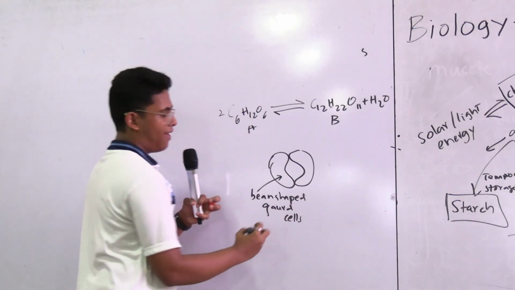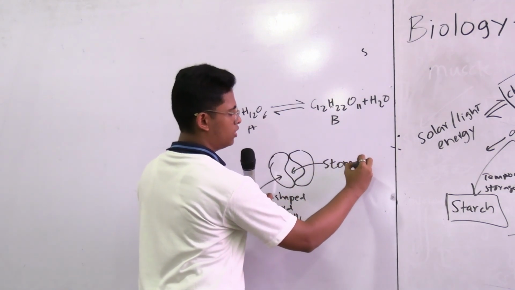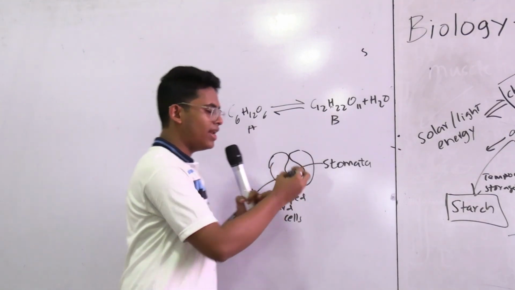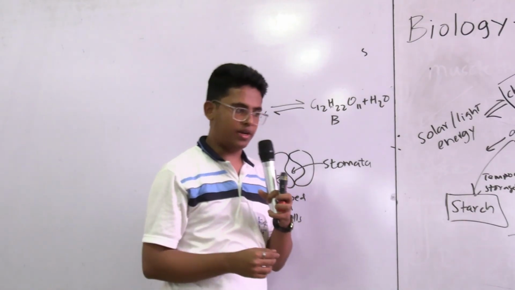Guard cells, and the pore in between them you call stomata. These structures are found in the epidermis of the plant leaf, and they act as a pathway for gases to enter and exit from the plant.